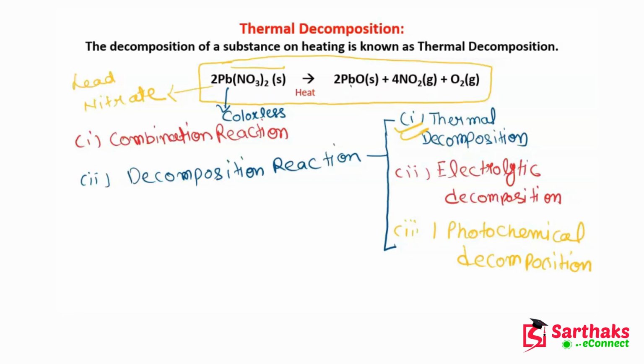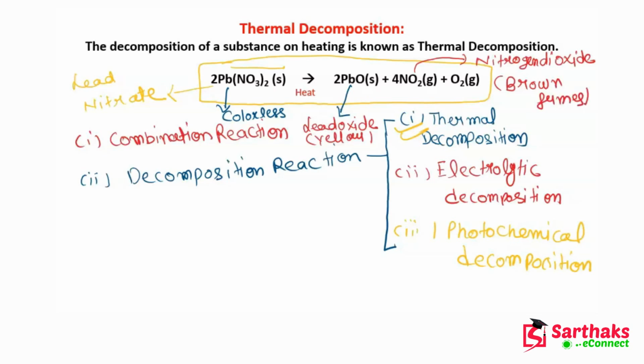This is lead oxide, and this is yellow in color. The second product is nitrogen dioxide, and you will see the brown fumes of nitrogen dioxide.